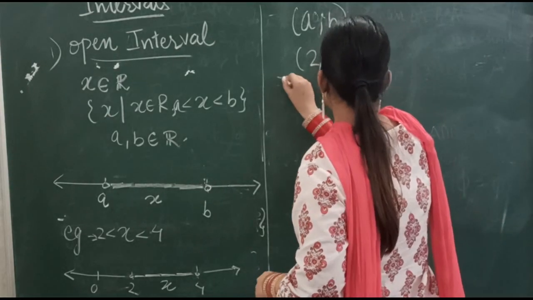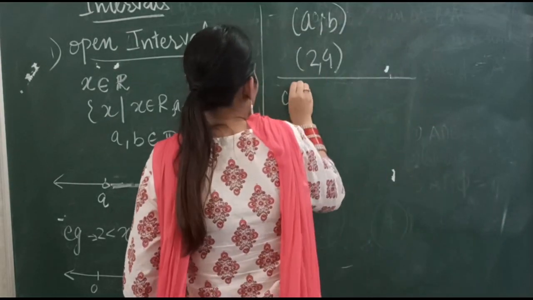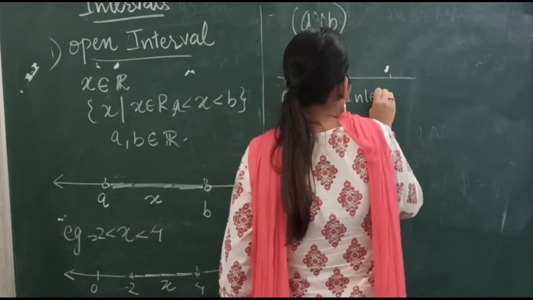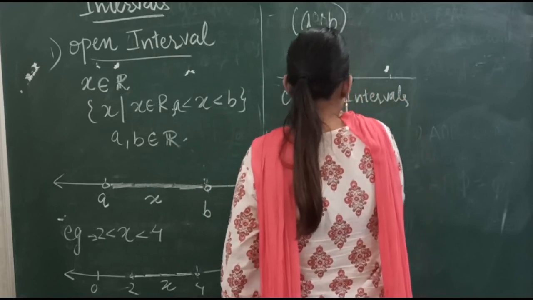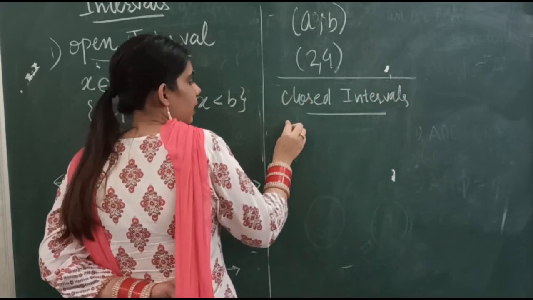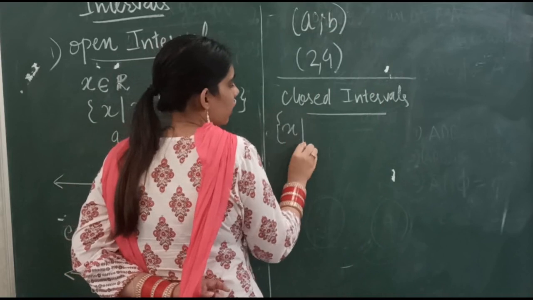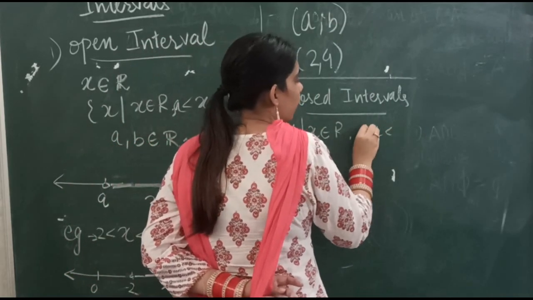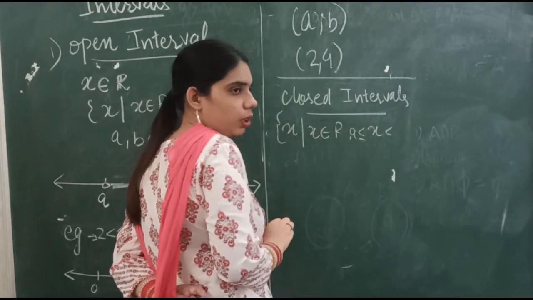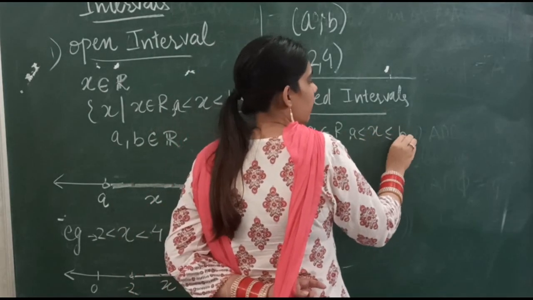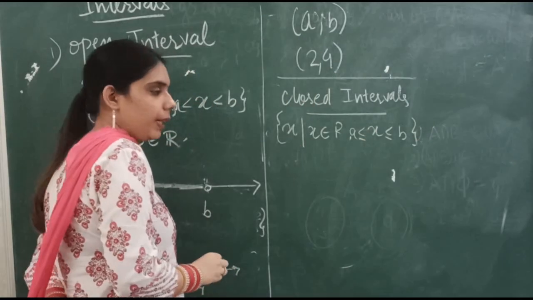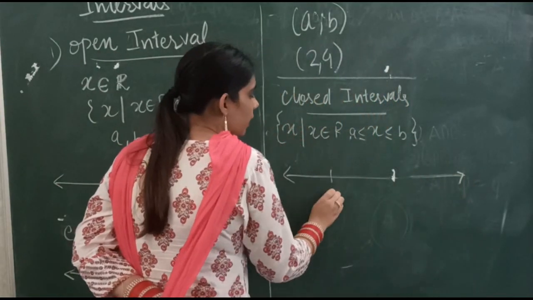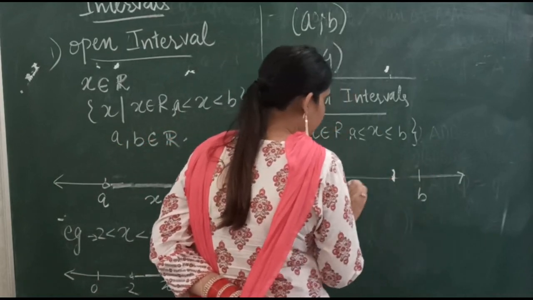So the next is closed intervals. So what are closed intervals? I say x such that x belongs to reals, x is greater than or equal to a, less than or equal to b. And how will I represent it on a number line? For example, here a lies, here b lies.